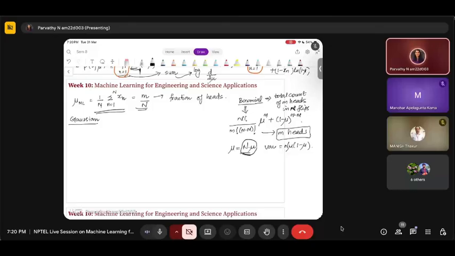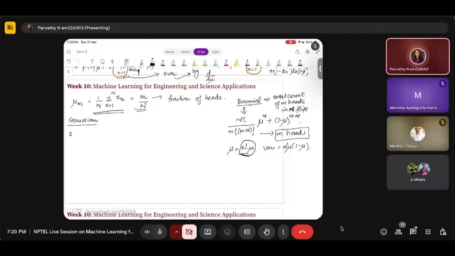Now, in case of Gaussian, this is one of the most commonly used for continuous variables. So when we have 1D Gaussian, that is a univariate Gaussian, the equation is given by, I think you all will be knowing this.